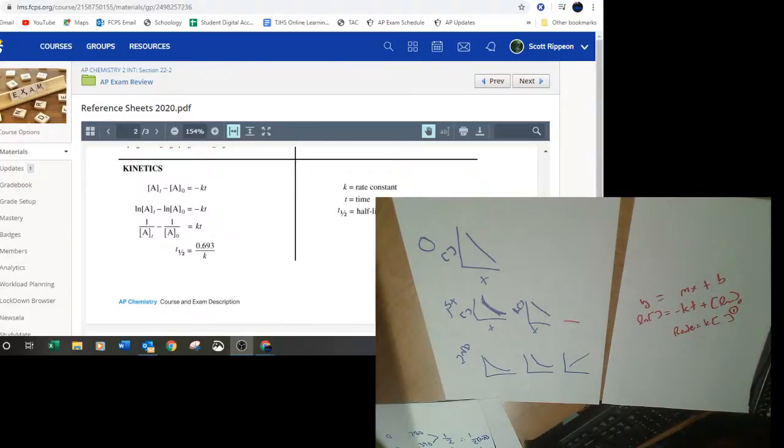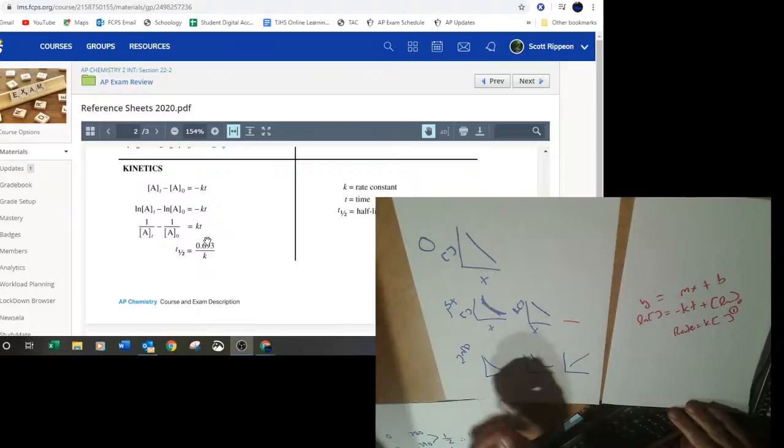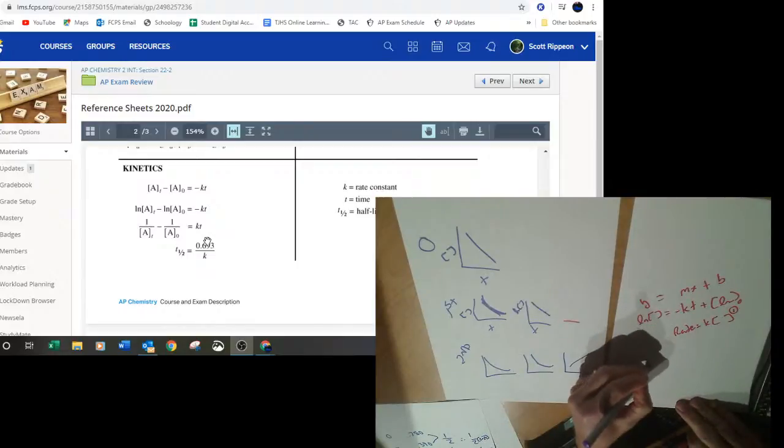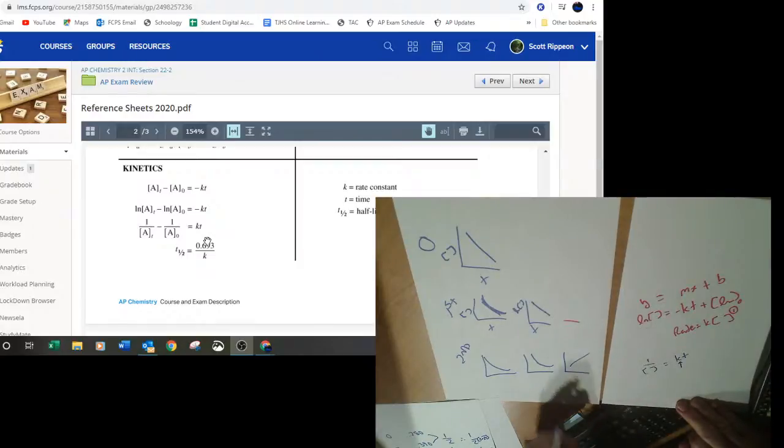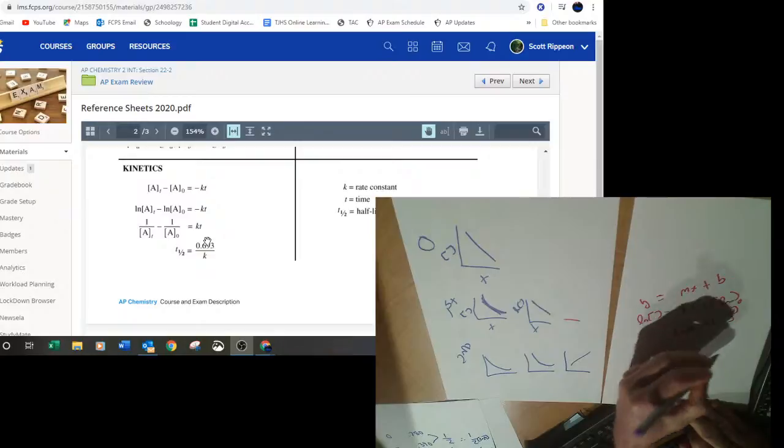If you look at a second order reaction, again the equation that you see is nothing more than a y equals mx plus b equation, because it's basically 1 over the concentration at some point equals kt, notice that it's positive in this case because the slope is positive, plus 1 over the concentration at some other point.